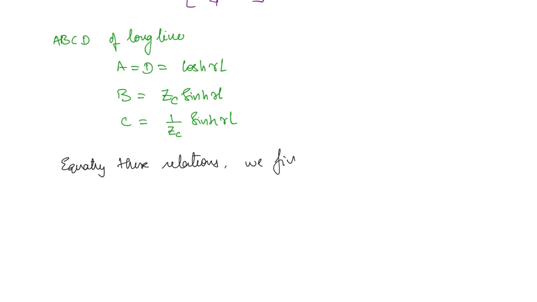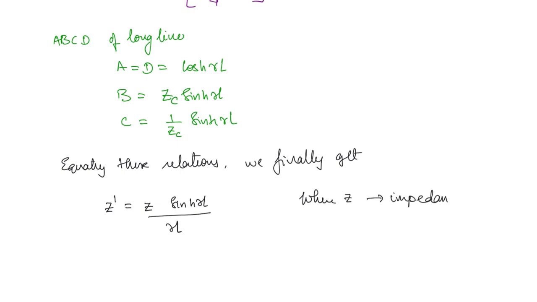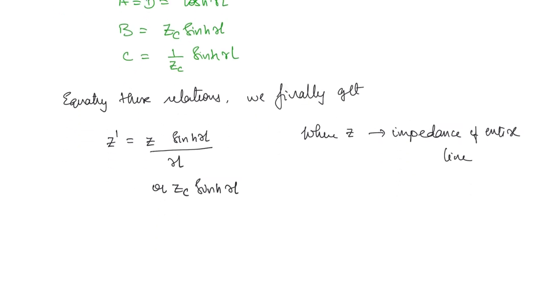We finally get Z dash is equal to Z sinh gamma L divided by gamma L. Here Z is the impedance of the entire line. Or you can write it in terms of the characteristic impedance as ZC sinh gamma L. And next is Y dash.